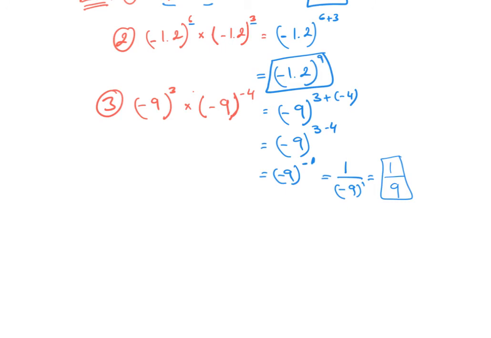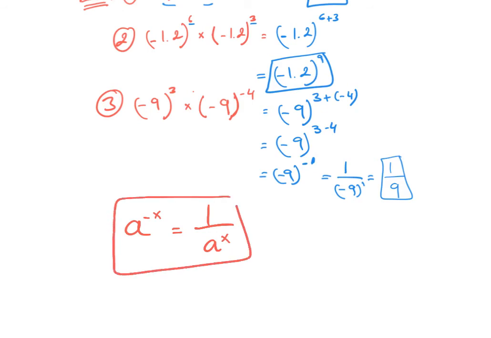So in general, if I have a to the negative x and you want to change this to a positive exponent, it's going to be 1 over a to the x power. Let's suppose I have an example here: 2 to the negative 3 will be 1 over 2 to the third, and that would be 1 over 8.